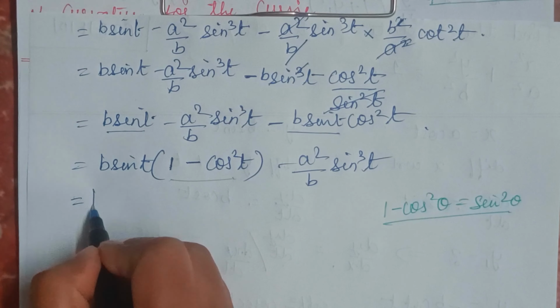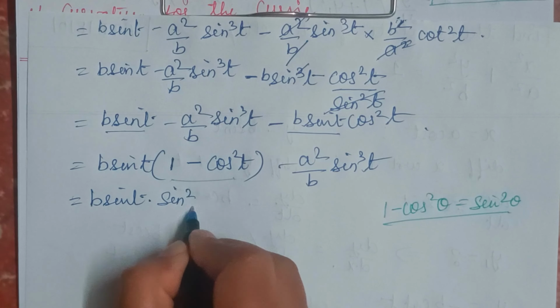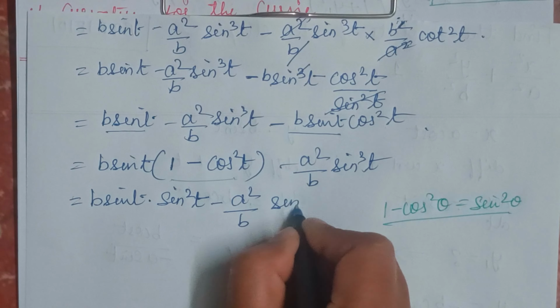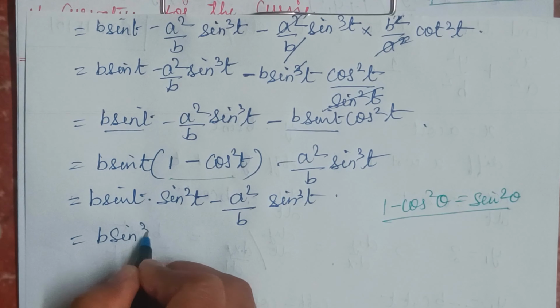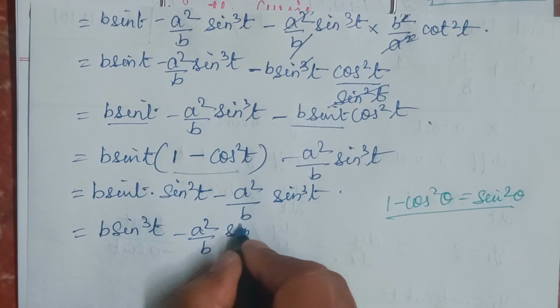So I'll just write it as b sine t into sine square t minus a square by b sine cube t. So I can write this as b sine cube t minus a square by b sine cube t.